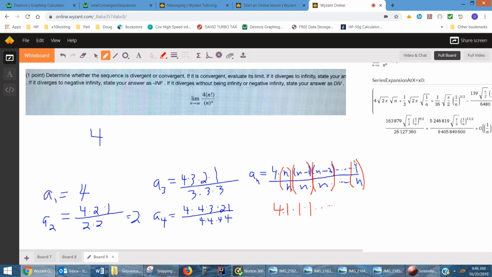But what about this guy right here? The limit of 1 over n as n approaches infinity is 0. So I've got 4 times 1 times 1 times 1 finally times 0 equals 0. So that's how you could deduce that the limit of this sequence is 0, by rewriting it.